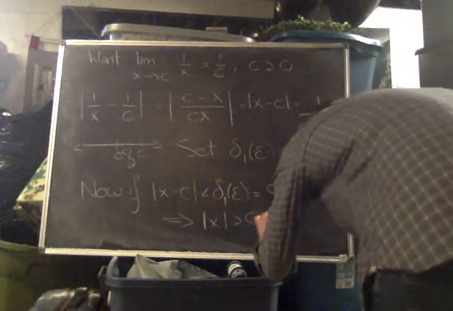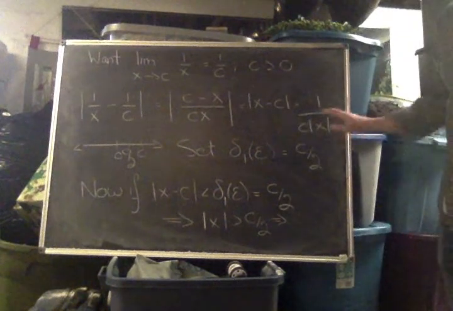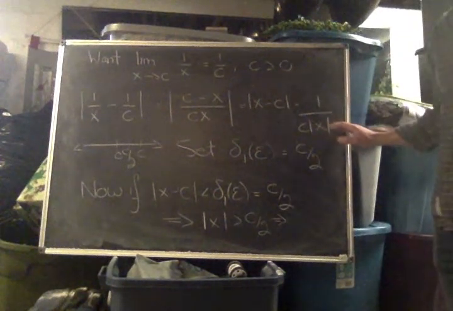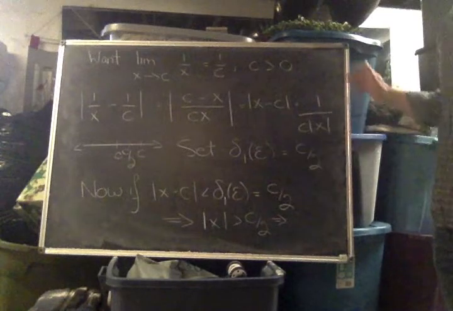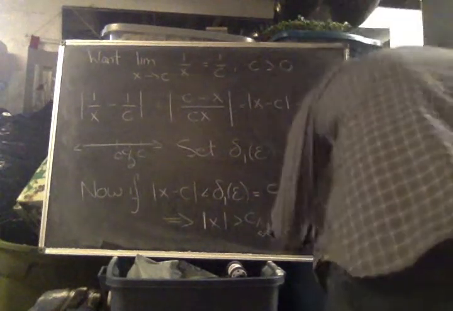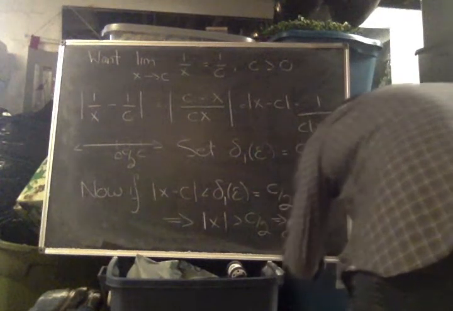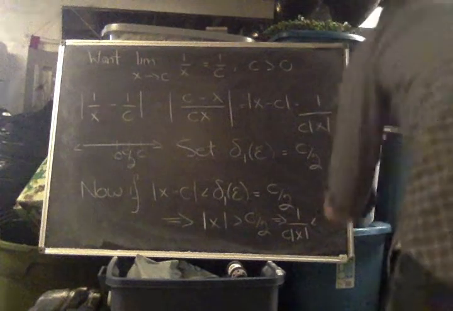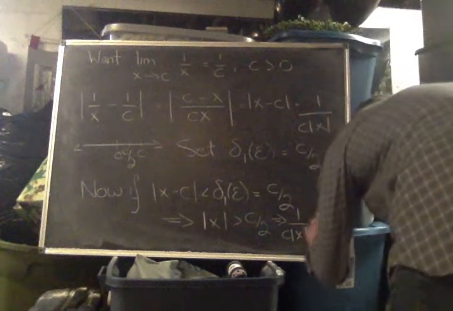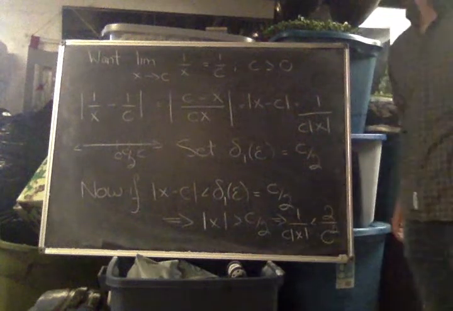And that further implies, so if you have a lower bound for something in the denominator, that gives you an upper bound for the whole fraction, right? So that means that 1 over c times the absolute value of x is less than, I guess, 2 over c squared. Okay?